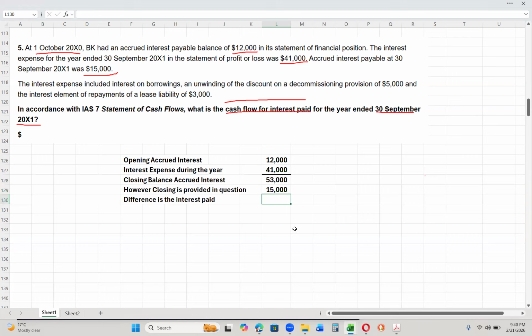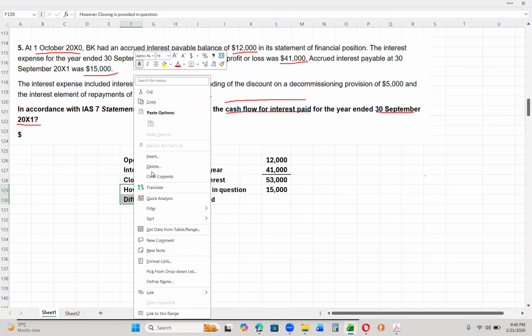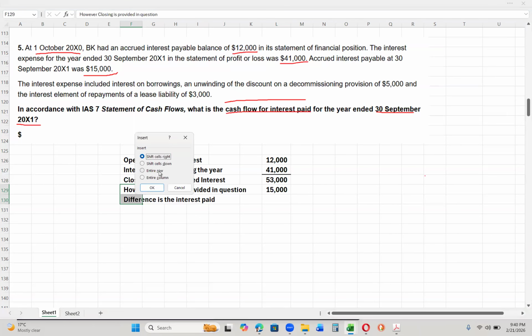It is only possible because we paid some interest. The total interest was 53, but we paid some, and at the end we had a closing balance of 15. There is one catch in this question which we need to consider. We need to leave some space, because there is one adjustment which, if we do it right now, will make our job easy.